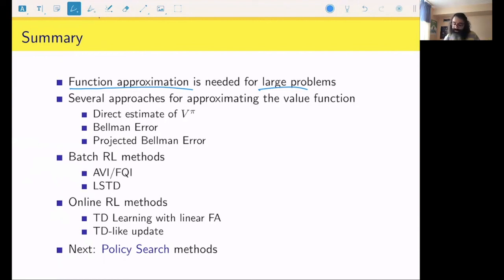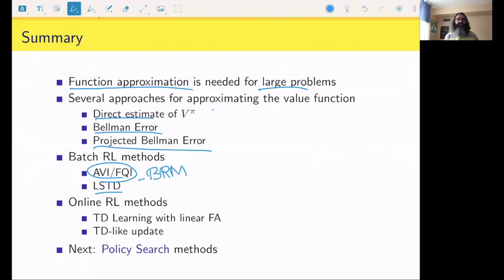Then there are several approaches for approximating the value function in the population sense. We had a direct estimate, Bellman error minimization, and projected Bellman error. Then we talked about batch methods: approximate value iteration, fitted Q iteration, LSTD, and also BRM.